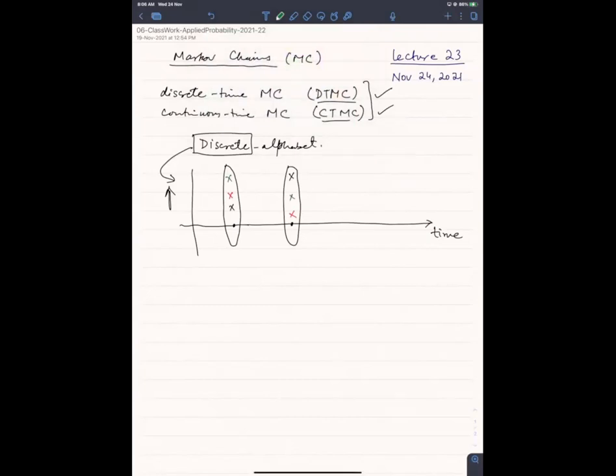So if your experiment at the beginning of time resulted in an outcome which was red, then at this instant of time you will see the red value. At this instant of time you will see this other red value, which may not be the same as the red value at the first instant.